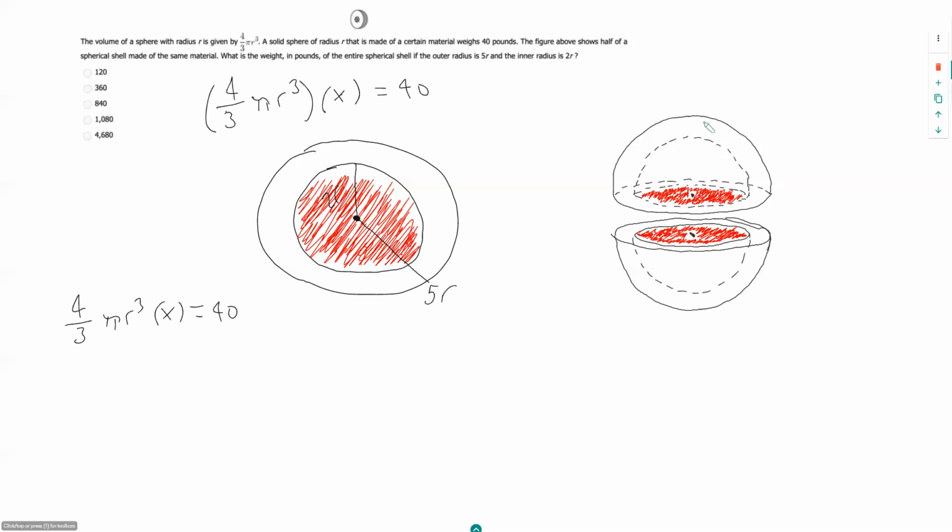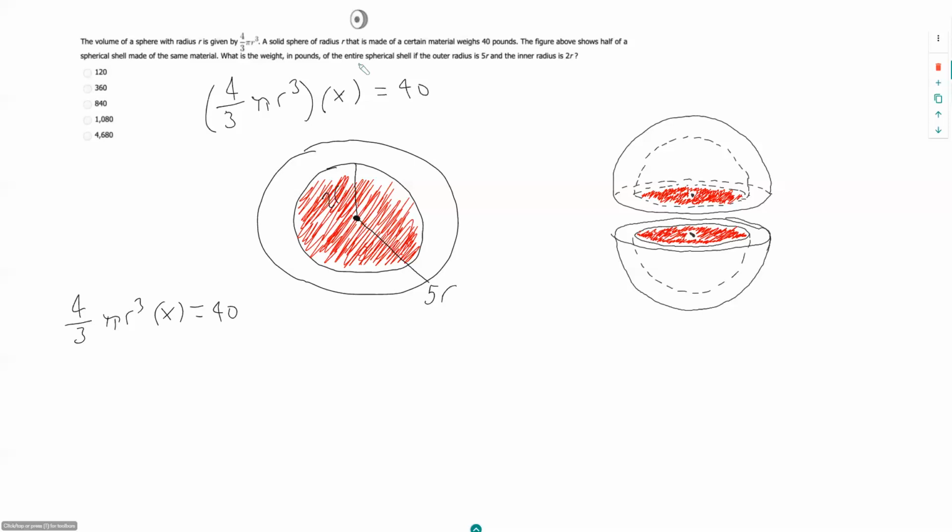Then what is the weight in pounds of the entire spherical shell if the outer radius is 5r and the inner radius is 2r? Here's another thing that's confusing. When they say entire spherical shell, what does that mean? To me, it sounds like that means the shell plus the sphere inside the shell. But I think they're just saying what is the weight of the shell.